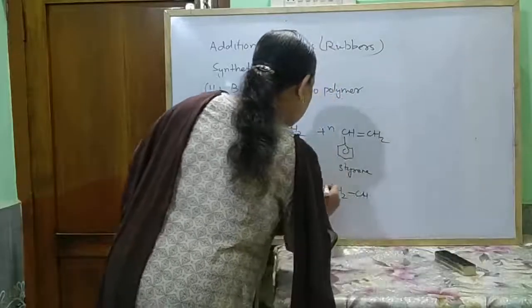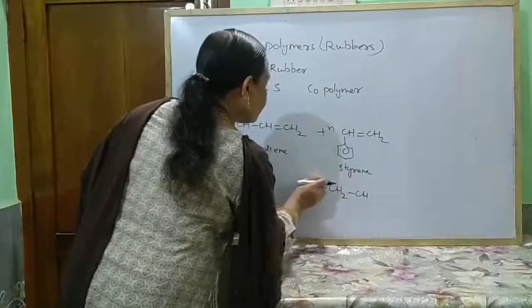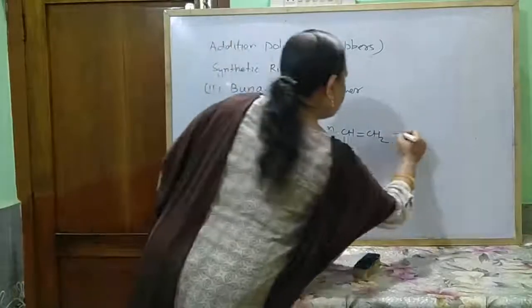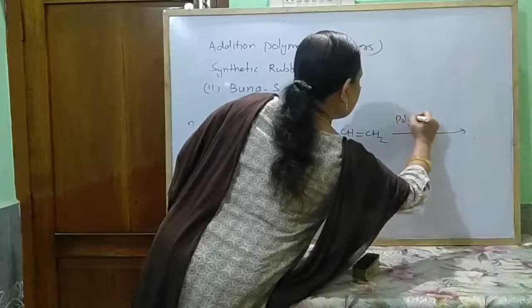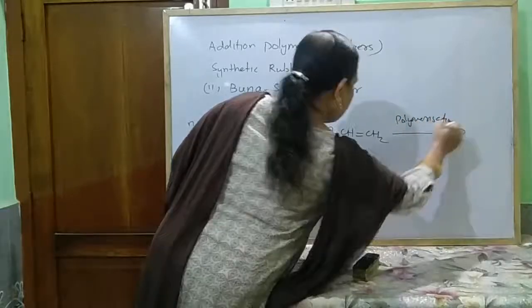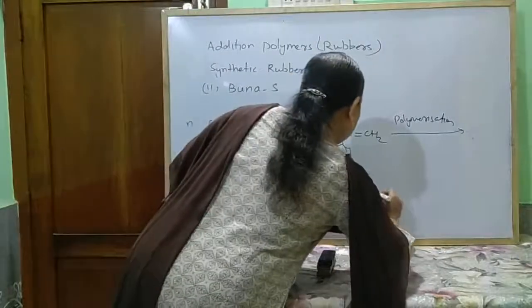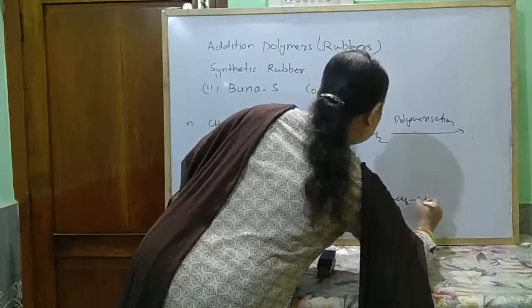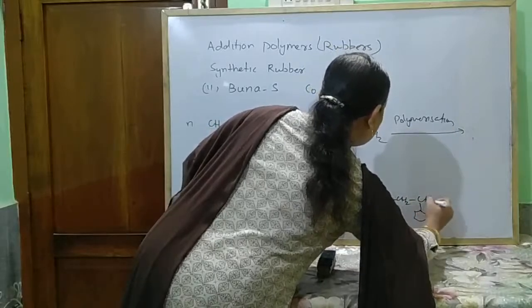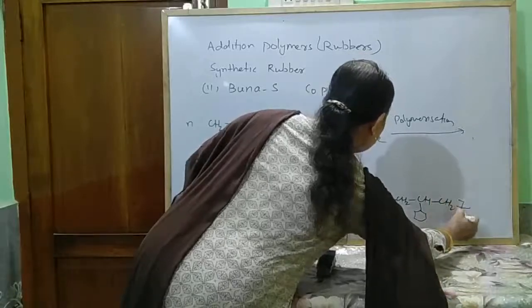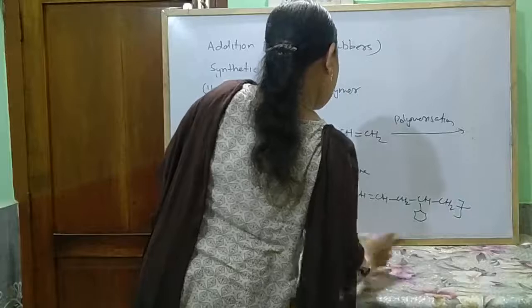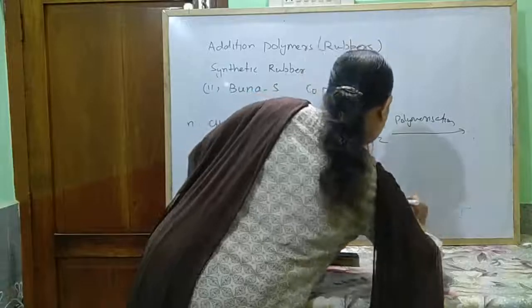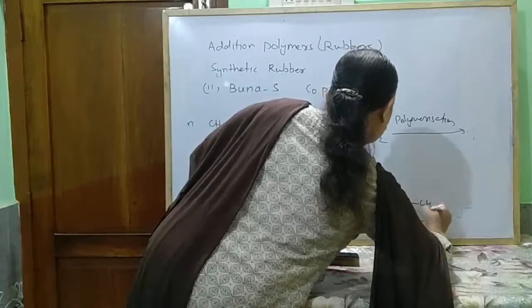CH2CH. So here these undergo polymerization to form CH2CH, double bond CH, CH2, then CH, CH2, CH.